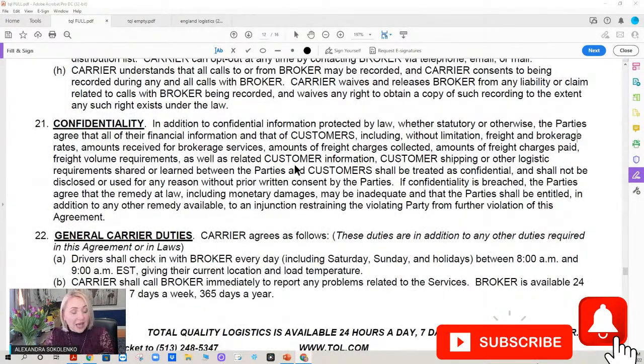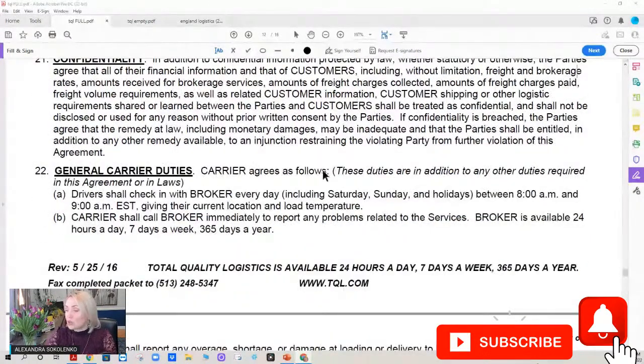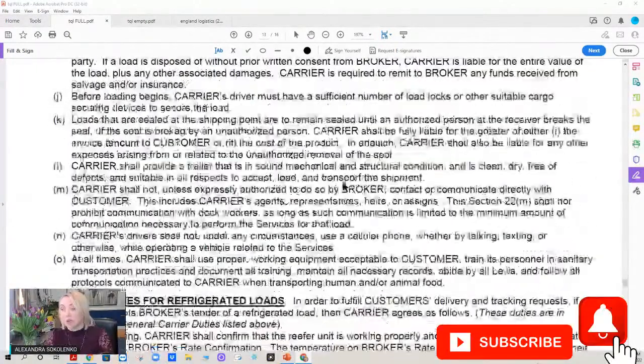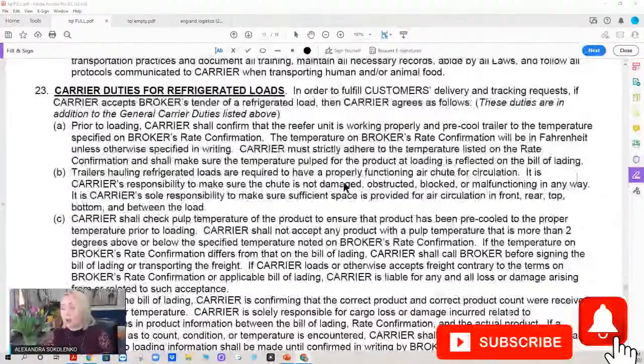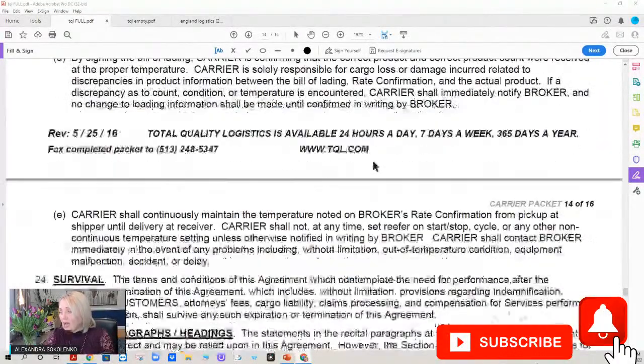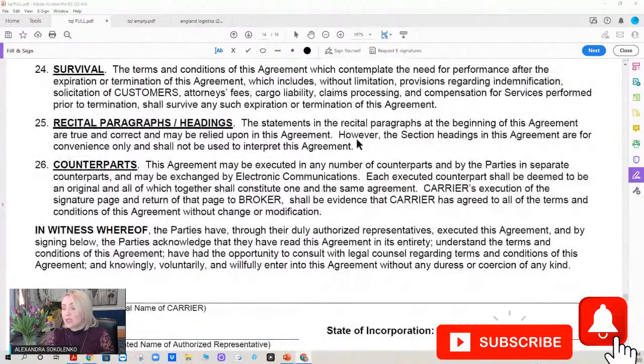But if they find out, they can take you to court. Remember, this agreement is enforceable. Then all the duties, right? They need to make sure that you do your part and the broker does their part. You're going to scroll down. If you want to read it, you can ask them to send you a copy of this, or in my classes the students have it.